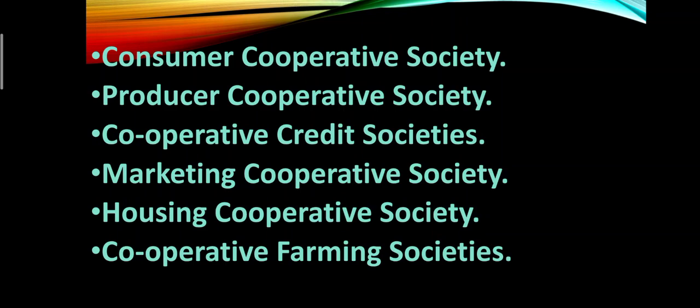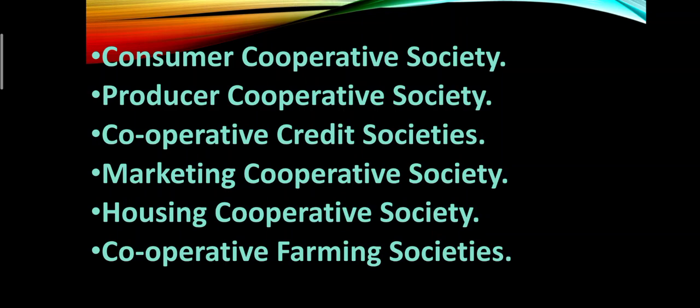They may purchase the produce from the members and sell in bulk when the market is favorable. In some cases, cooperatives sell the produce of the members on commission basis. Marketing cooperatives advance loans to the members.